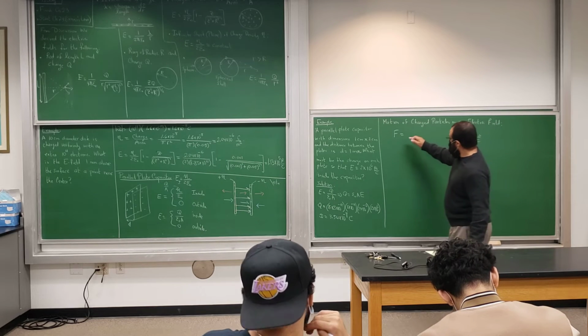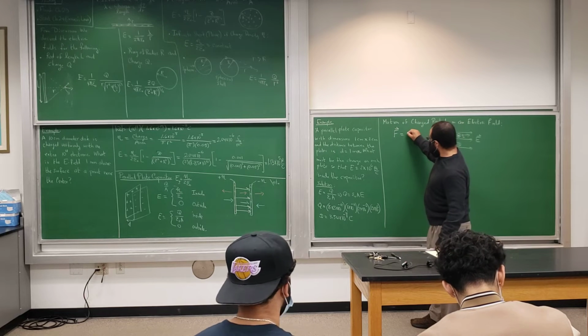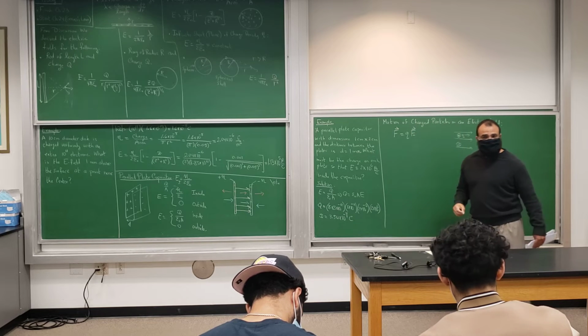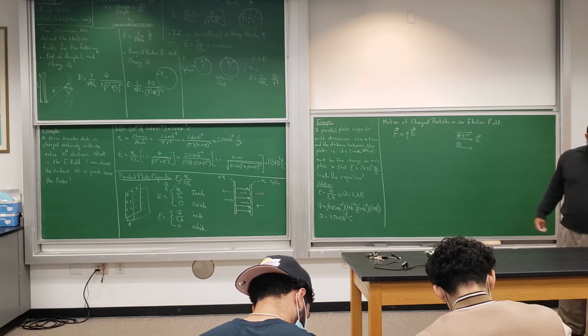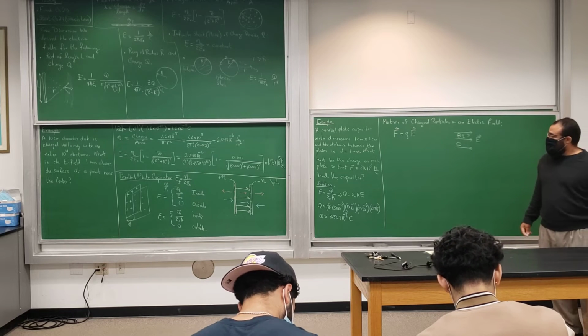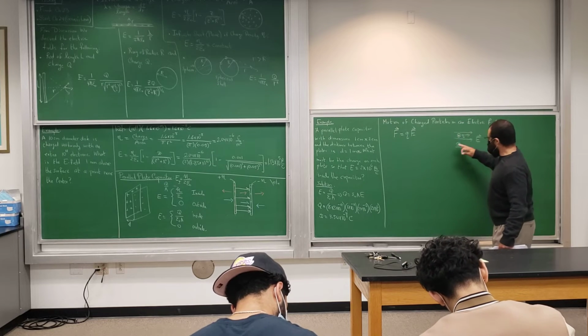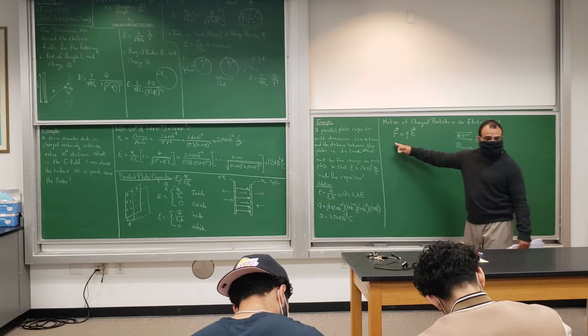So the force on a charge is the charge times the electric field, right? Remember how we defined the electric field? Was the force per unit of charge? So that is that. Now, I know from Newton's second law, if the only force on a charge is the electric force, then the net force is equal to this electric force.